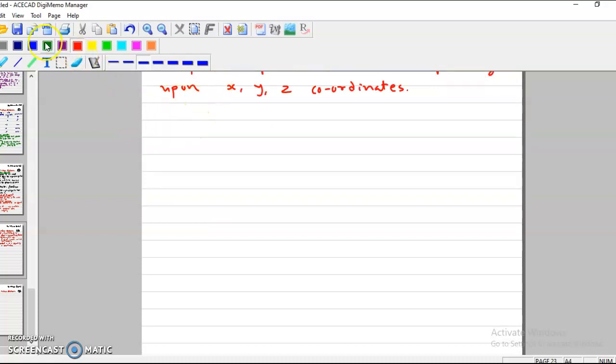So if psi is equal to a plus ib, where i is equal to under root minus 1, then we can take its complex conjugate psi star. So psi star is known as the complex conjugate of psi, and it will be a minus ib.